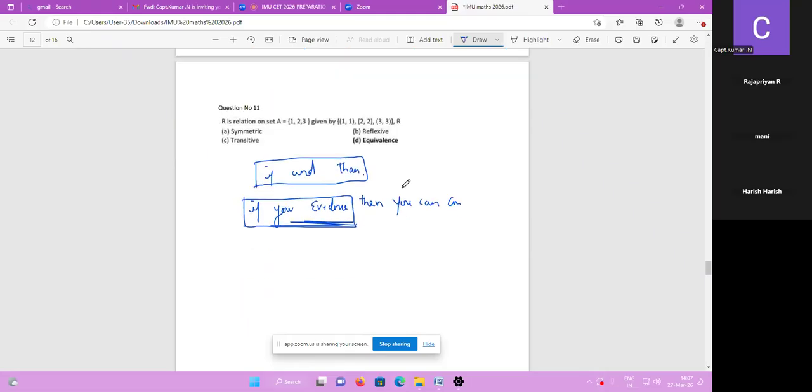Right? So relation means we have three: reflexive, symmetric, and transitive.